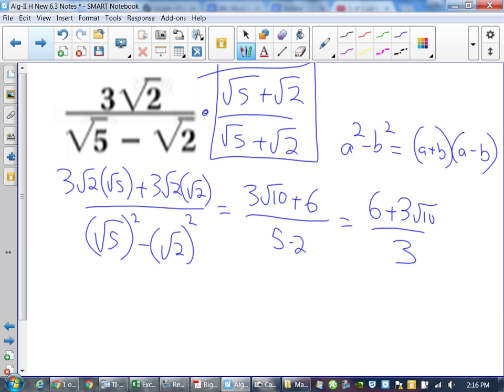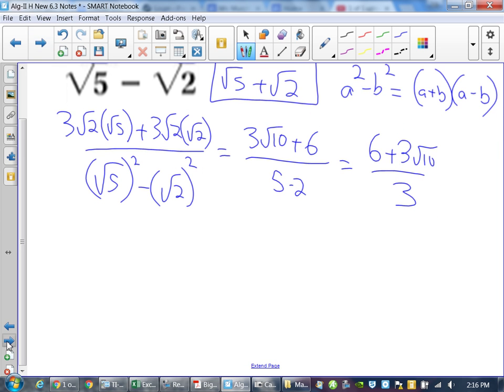And that's it. This happens from time to time that you can simplify everything out. So what you do is you take a GCF, and that simplifies, because you can simplify over division. Can't simplify over addition, but I can simplify it over division. Yeah, answer 2 plus root 10.